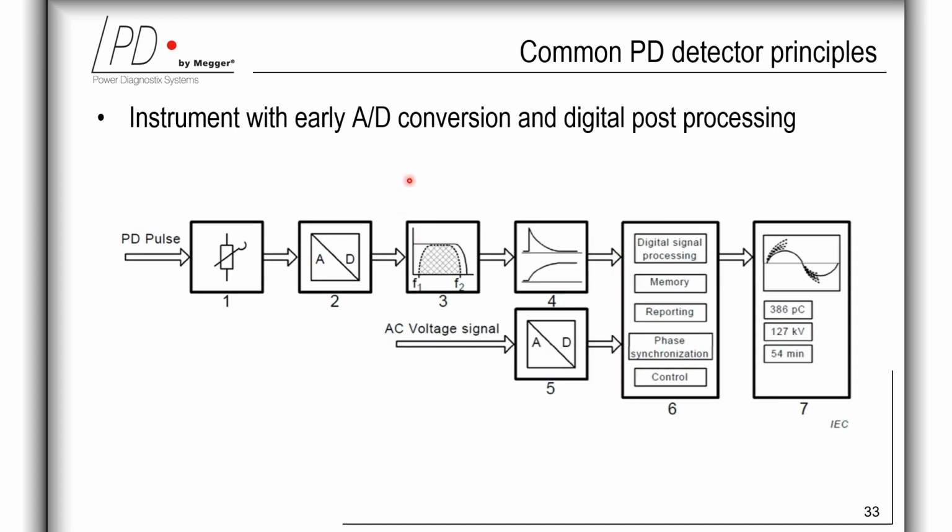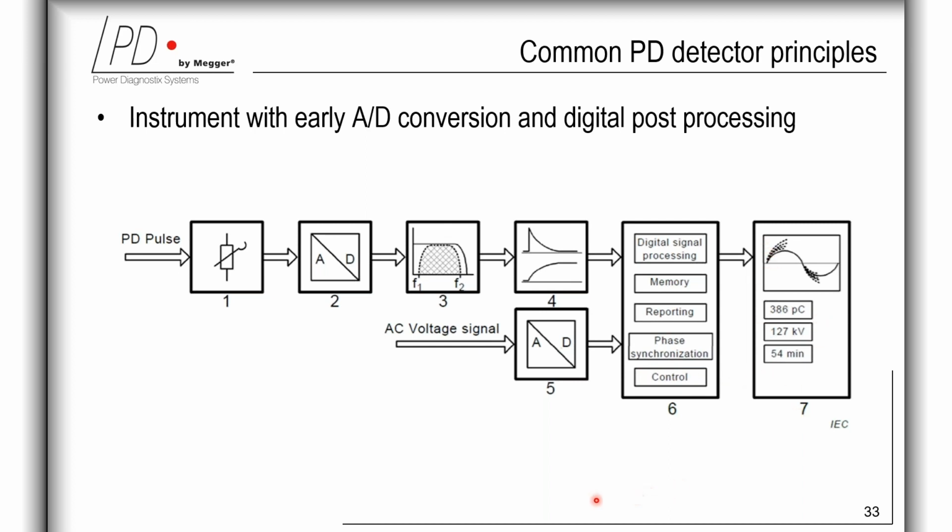And here, this block diagram is showing an instrument with direct analog to digital conversion of the input PD pulses with attenuator, analog to digital converter for PD pulses, digital bandpass filter, numerical integrator, AD converter for AC, acquisition unit, and then evaluation and visualization unit.